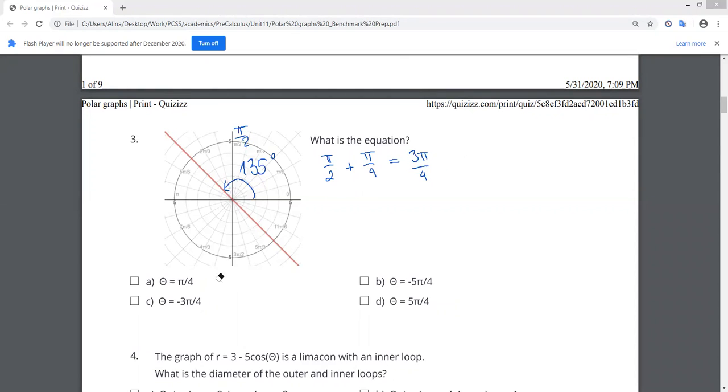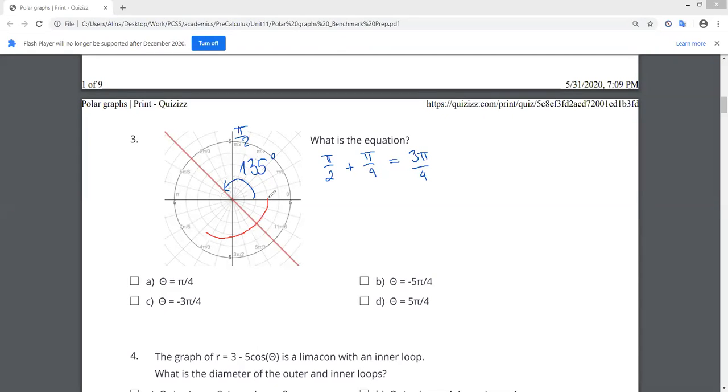Do we have it? You have 3 pi over 4? No, we don't. What can I do if I don't have 3 pi over 4? What else can I try to answer the question? You go in the negative direction, miss? Yep, thank you very much. I'll go in the negative direction. That's exactly what I should do.